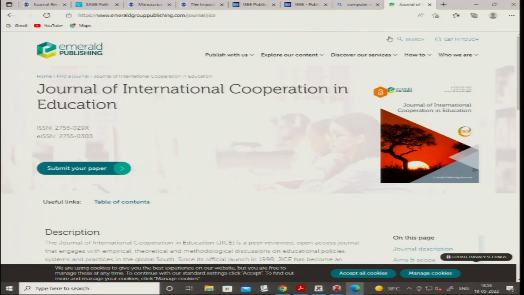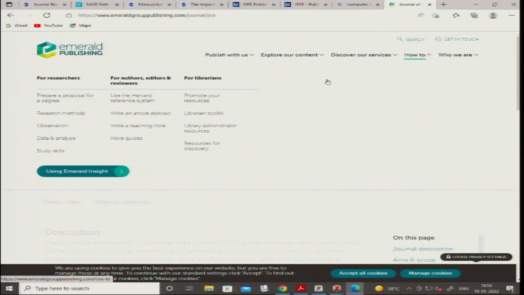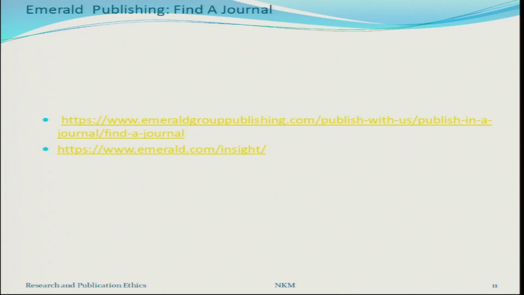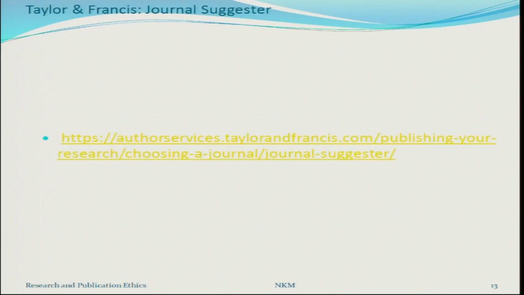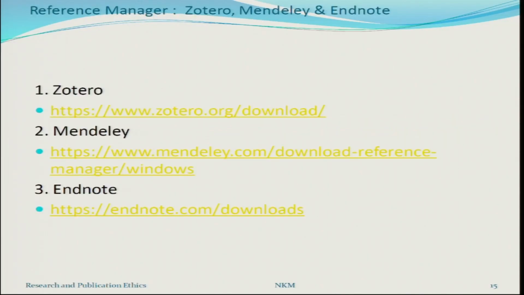So we can simply use this Emerald service through the Emerald Publishing page. Other journal finder services we will discuss in the next lecture, along with reference manager software like Zotero, Mendeley and EndNote.